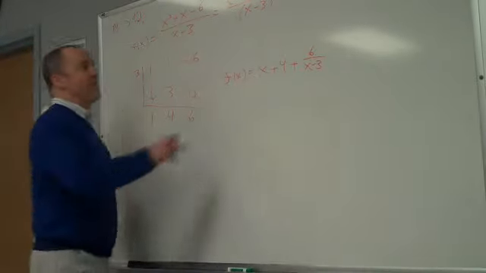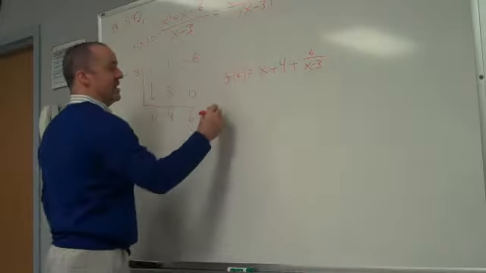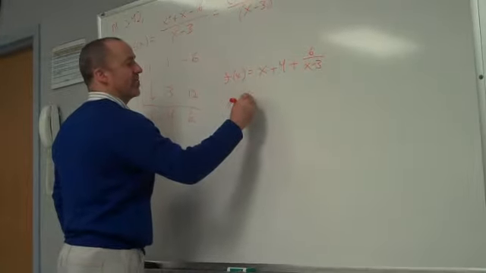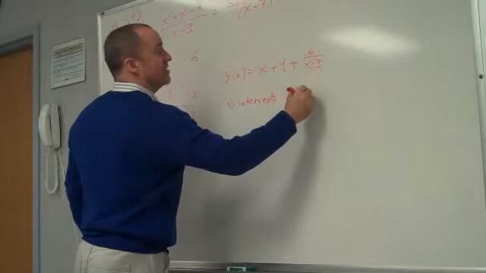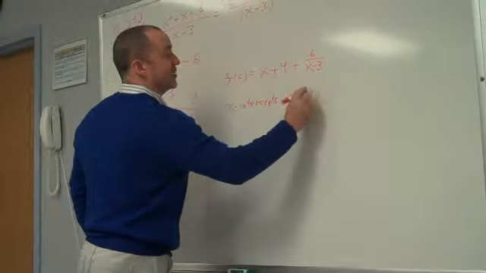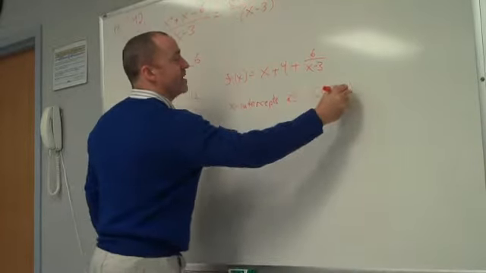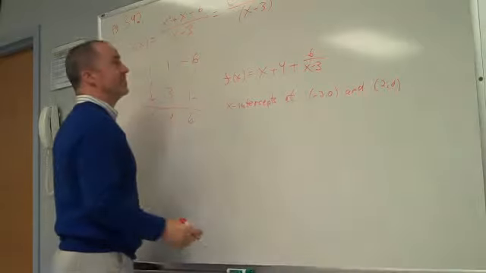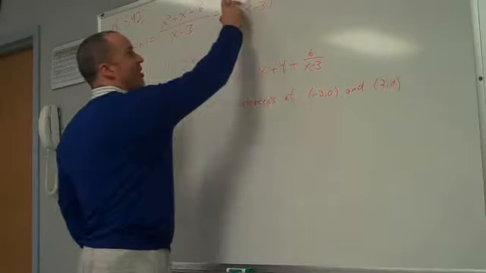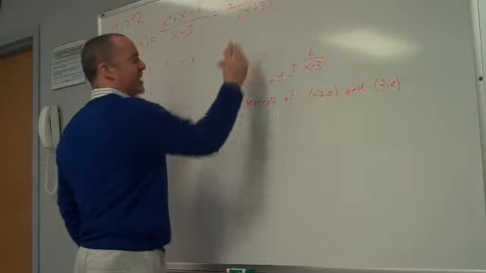Okay? Now from this up here, I know that it has x-intercepts at -3, 0 and 2, 0. Is that correct? If I put in 0 for x, I get -6 over -3.